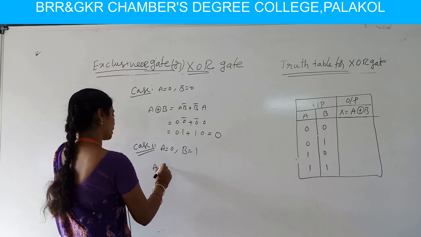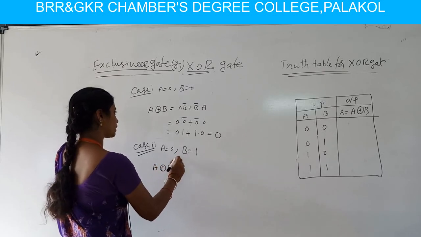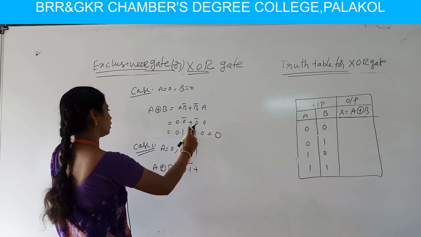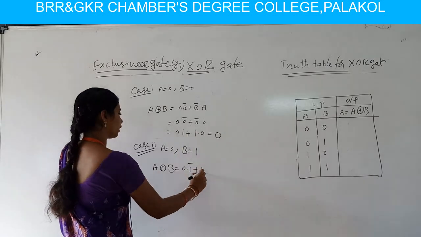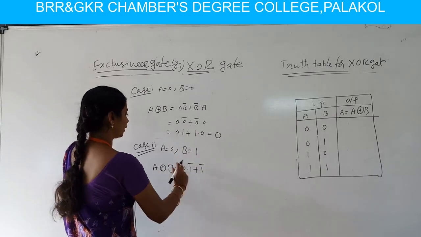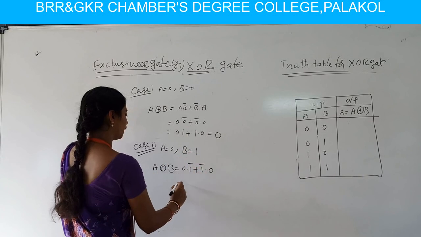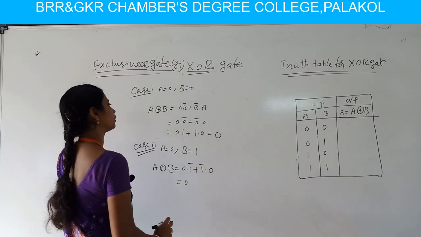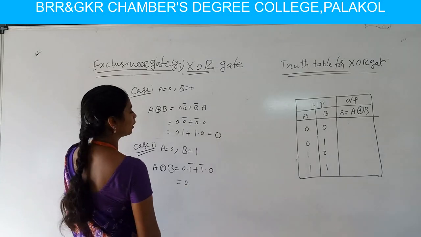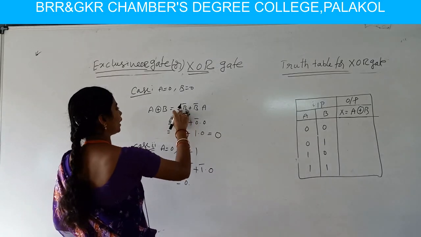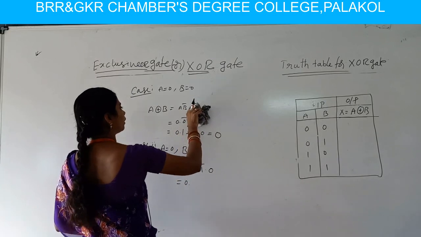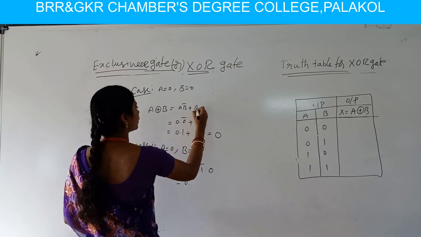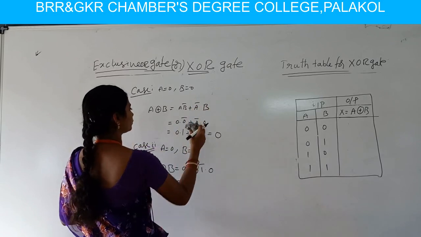Here the operation is A encircled B. So we know A is 0, B is 1, so A B bar plus A bar B. It means 0 dot 1 bar. Sorry, A B bar plus A bar B.